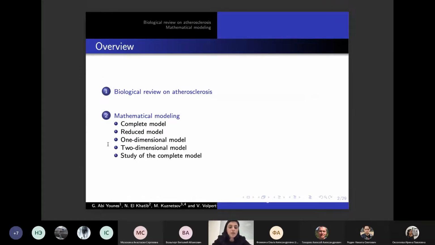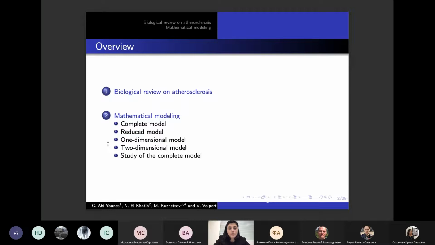This presentation outlines the following points. I will start with a biological review on atherosclerosis, where I will be highlighting the interaction between chemotaxis and inflammation, and I will define what the fatty streaks are. Then we will move to the mathematical model.